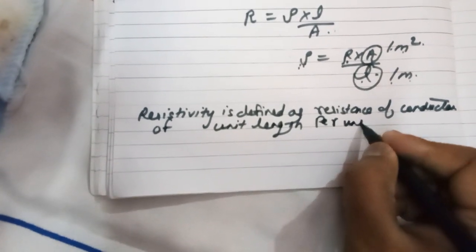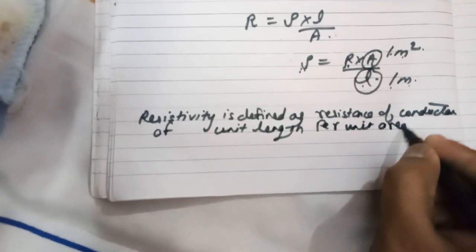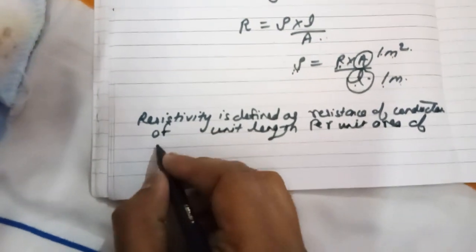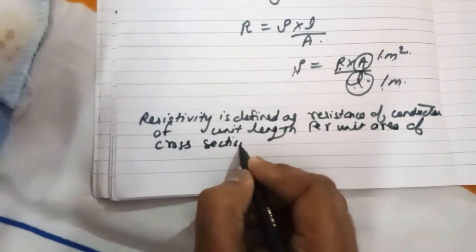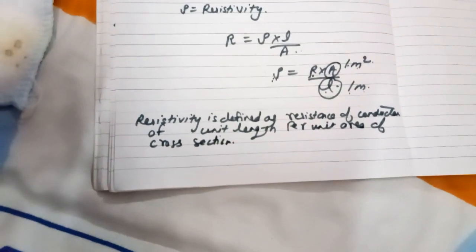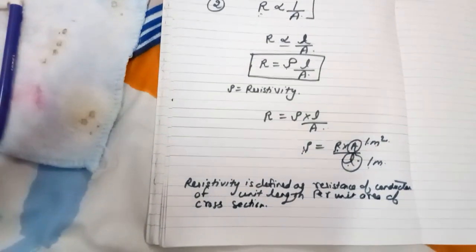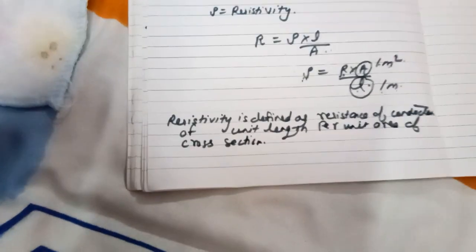Unit means 1. Clear? So this is all about resistivity.